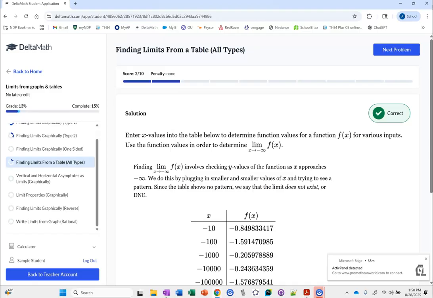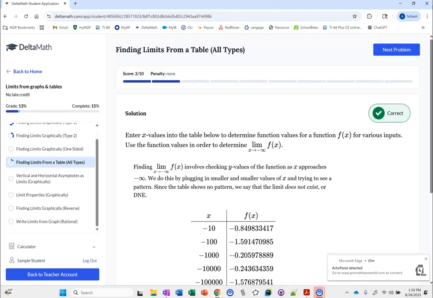Why did it give negative 10 when I put in 3? Because what this tells me is the graph has a removable discontinuity there, and the point is defined somewhere else. I get that. Okay, thank you.